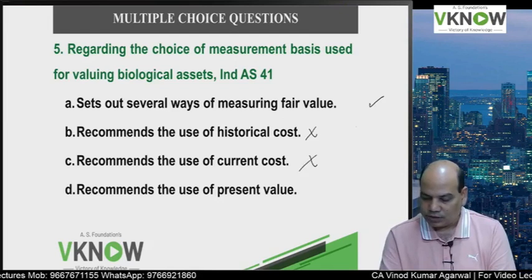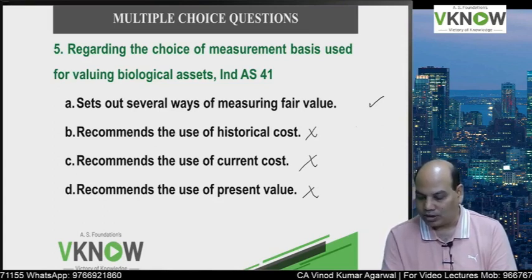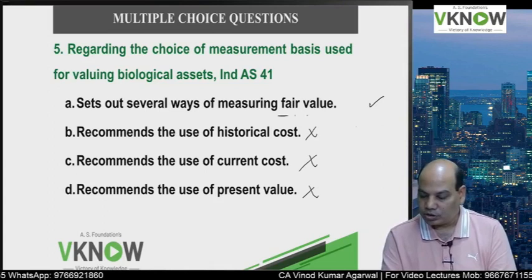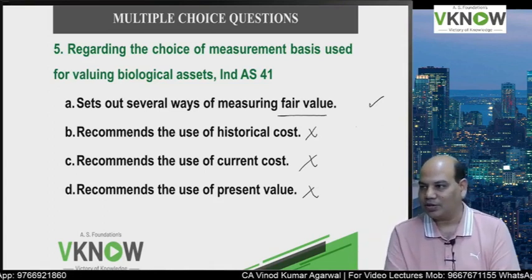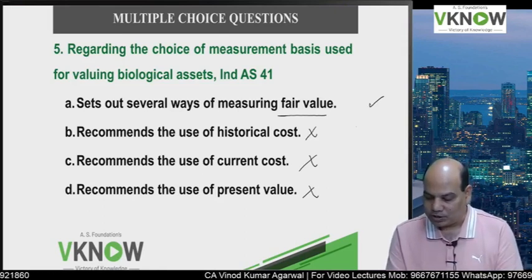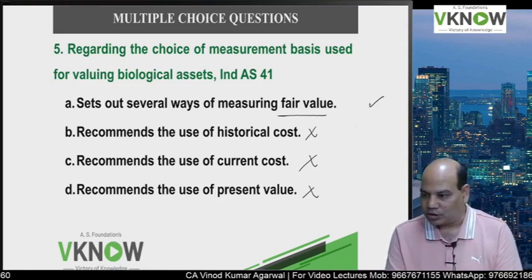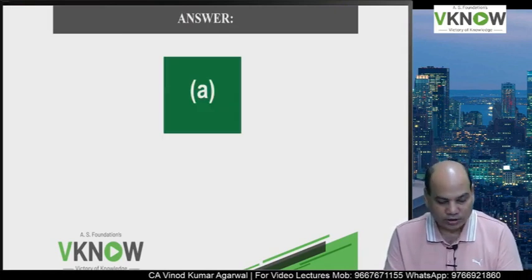Current cost, never. Recommend the use of present value, this is one of the measurement techniques only, but that is not recommended. First choice is to find the fair value in the active market, then comparable price, etc. So present value can be used, but that is not the recommended method to begin with. So the correct answer was A.